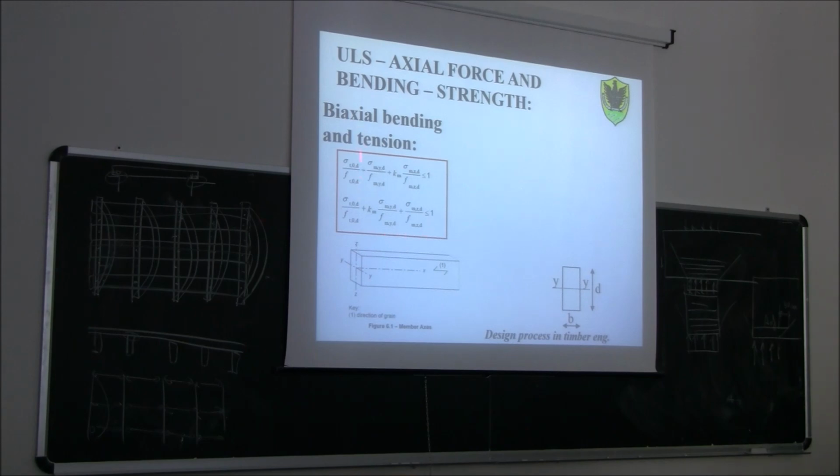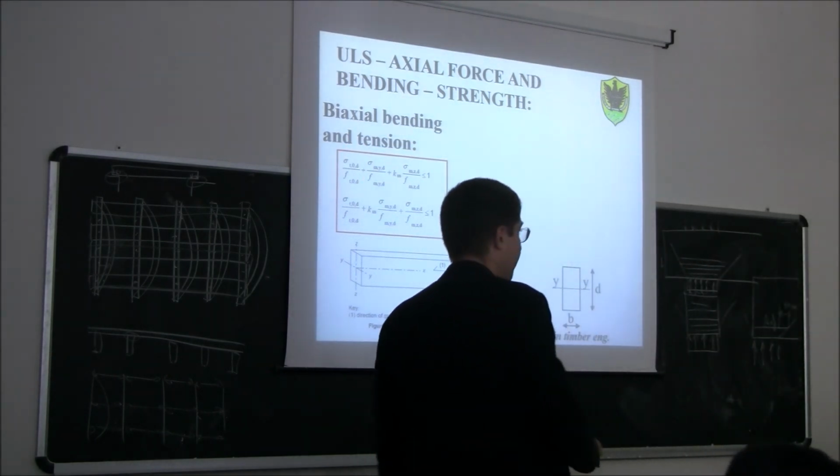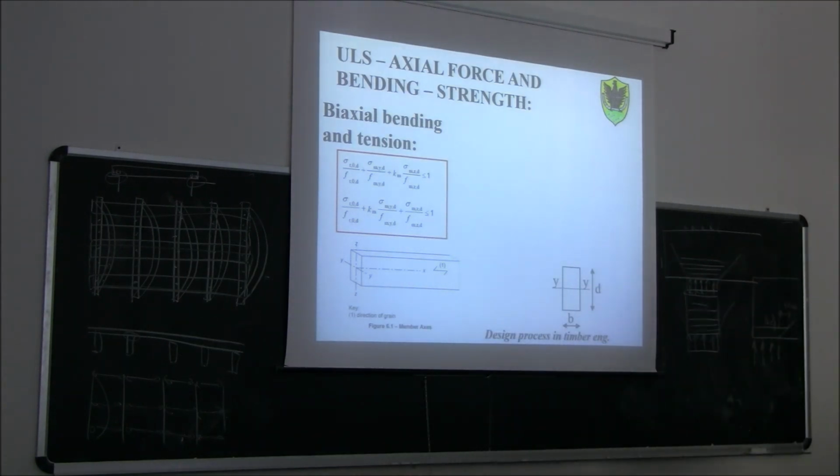You see here, if you cover the first ratio, this is exactly the same inequality that we saw before for biaxial bending. In this case, we need to add another ratio, which is the ratio between the demand in tension and the strength in tension.